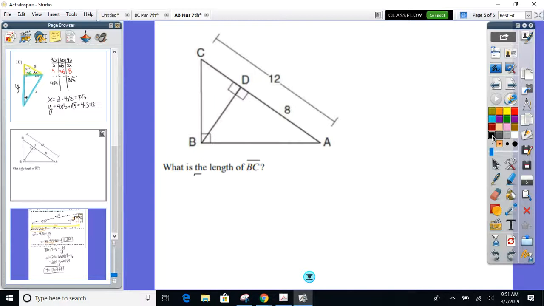And we're going to find the length of BC.